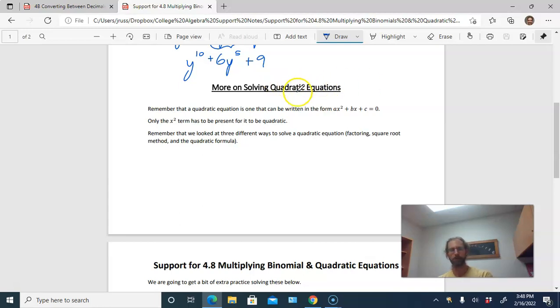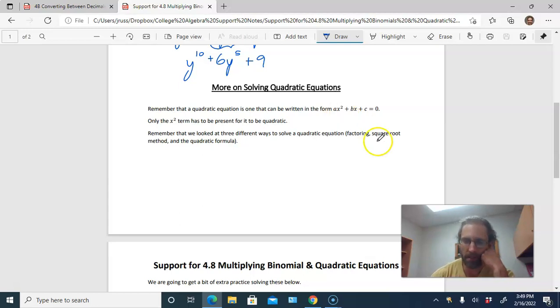Okay, so remember, this is the standard form for a quadratic equation, but what makes it quadratic is that there has to be an x squared term, because some quadratic equations, guys, may not have the x term, or they may not have the constant term, but they will definitely have the x squared term. And depending on whether they have all three terms or not, that can determine the method that we use to actually solve the quadratic equation.